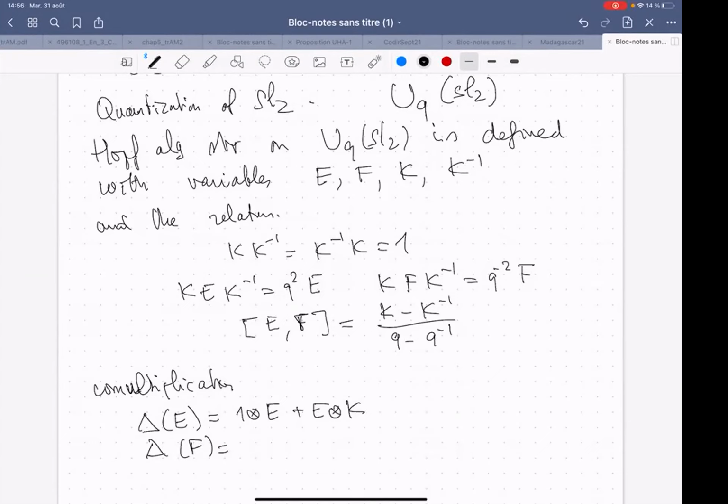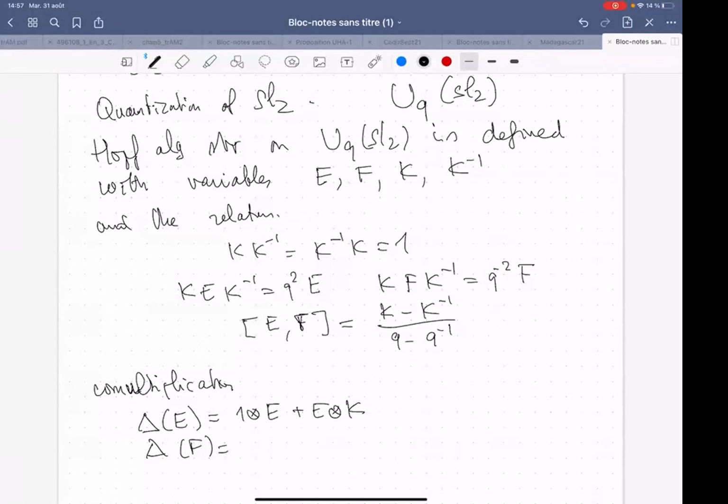In order to handle the unit, it's better for the quantization to consider four variables instead of 3. These are the generators somehow. Since I have the variables in J plus the unit, now we express everything using these 4 variables, and the unit could be deduced from the multiplication of K and K inverse.